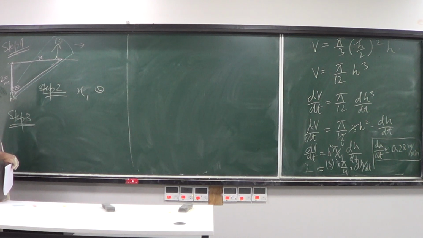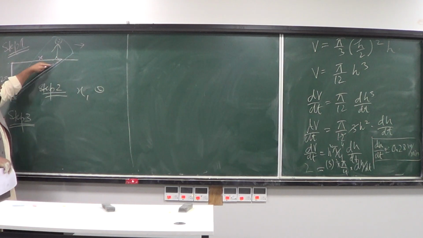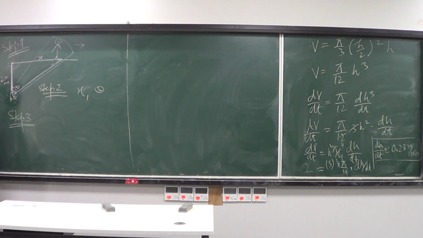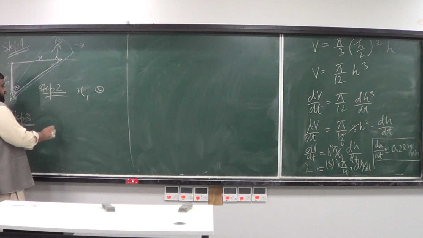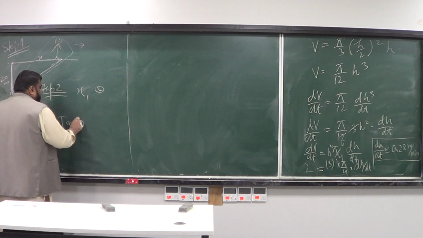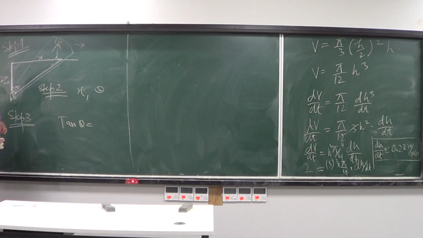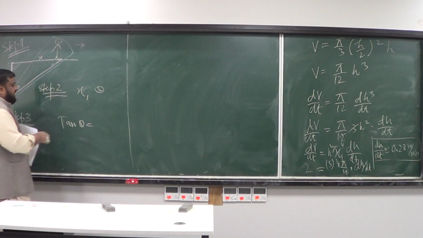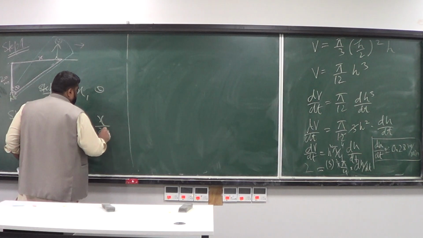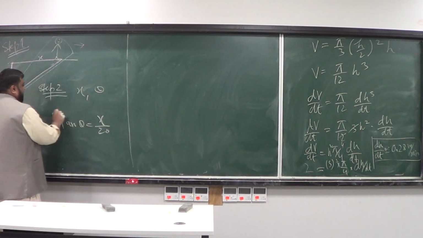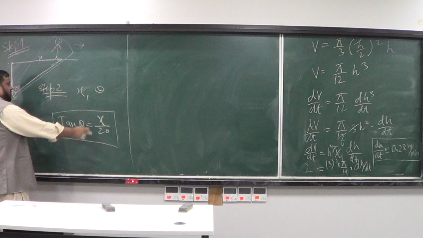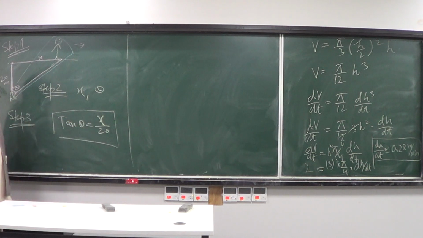If this is the angle, then this would be the base, this would be the perpendicular, and this would be the hypotenuse. Then take any ratio. For example, if I take tangent theta, then tangent theta is perpendicular upon base. So it's going to be x upon base, which is 20. So this is the relationship between x and theta.